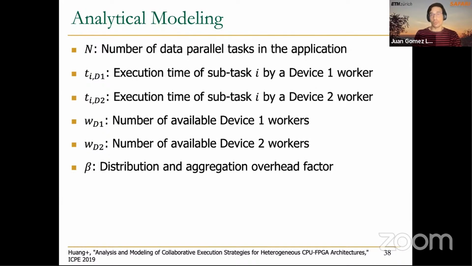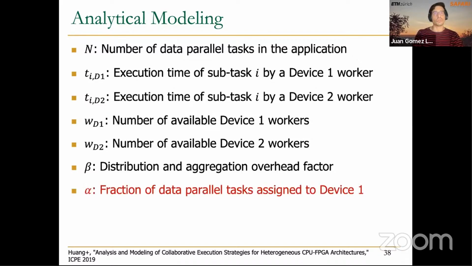We should consider as well some overhead factor from doing the distribution and aggregation and so on, because in the end now we are partitioning the tasks and assigning them to different devices. So this requires some extra computation to do this distribution. In the data partitioning pattern, we are going to assign part of the computation to one device and another part to the other device.